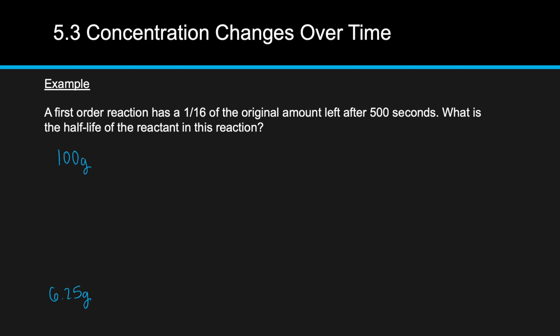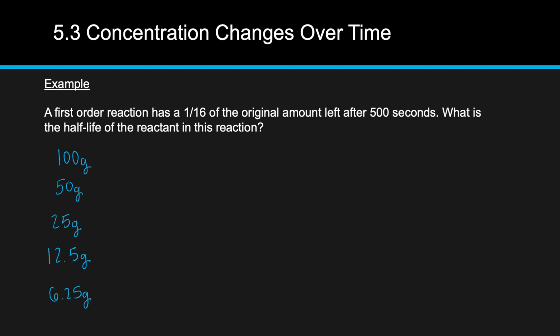So we need to figure out how many times it takes to get to 6.25. It is called half-life, so it's going to break in half every single time. So the first one would break in half to 50 grams, then to 25 grams, then to 12.5 grams, and then to 6.25 grams.